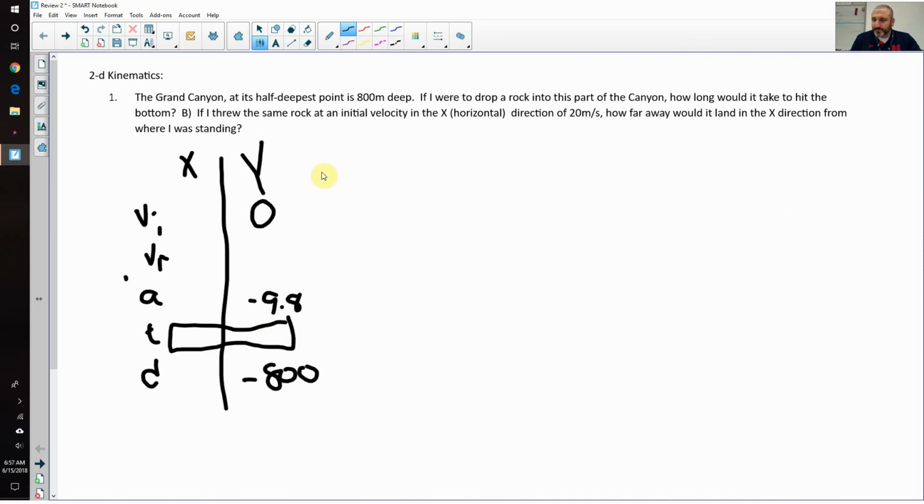The equation that I would actually use is d equals VIT plus 1/2 AT squared, where d is negative 800, VI is going to be 0, and then we end up with negative 4.9 t squared.